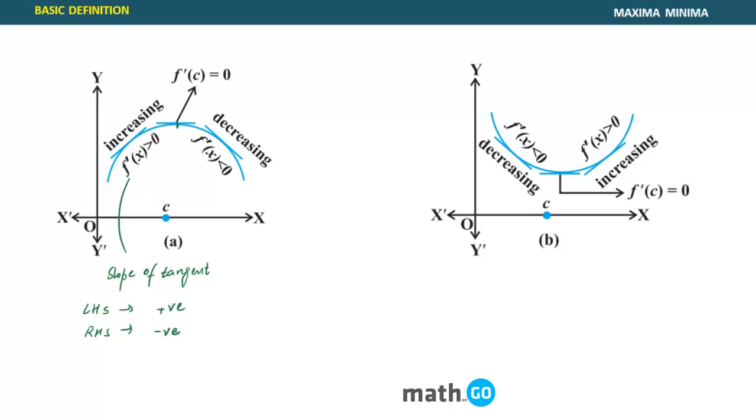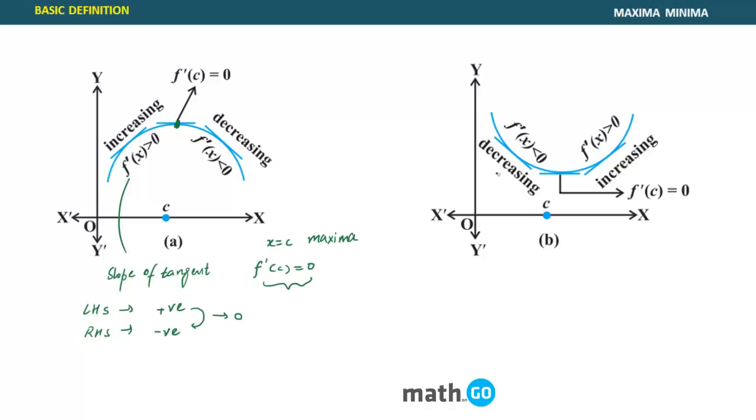Can you see? If the graph is continuous and differentiable, then when you move from positive to negative, there must be some zero, and that zero arrives at this particular point, that is c. So if x equal to c is a point of maxima, then definitely f dash c must be equal to 0. That is for sure, in this particular definition.